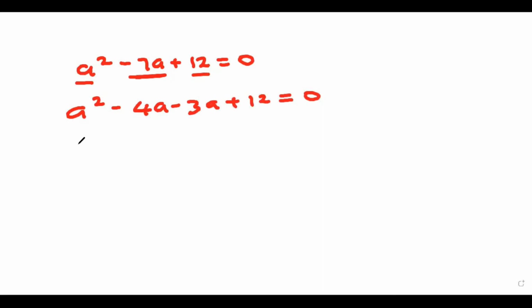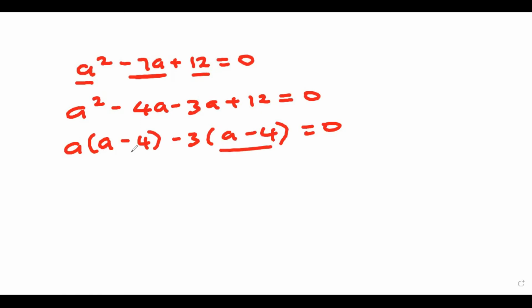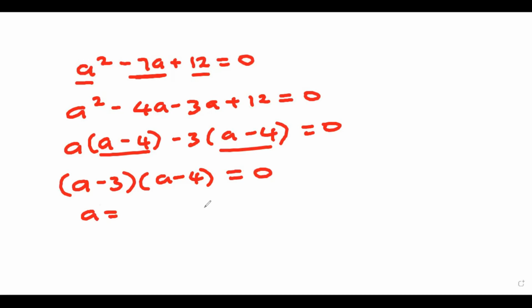So now we group. So we have a minus 4 minus 3, a minus 4. Remember, you always want to ensure that your brackets are the same thing. If they're not the same thing, you're doing something wrong. So now we have a minus 3 in one bracket and a minus 4 in another bracket. Equate that to 0. So now we have a is equal to 3 or a is equal to 4.